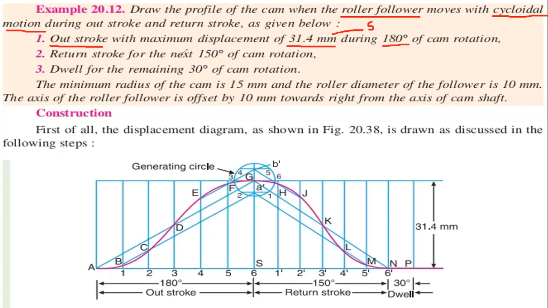Next, the return stroke for the next 150 degrees of cam rotation, and dwell for the remaining 30 degrees of cam rotation. So these are the three types of motions they have given, that is the outstroke, return stroke, and immediately the dwell period.